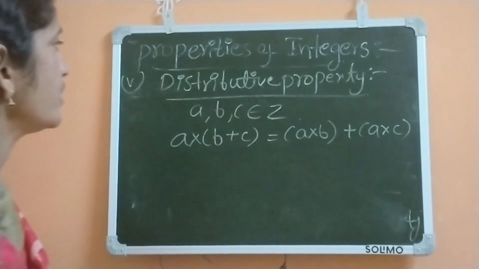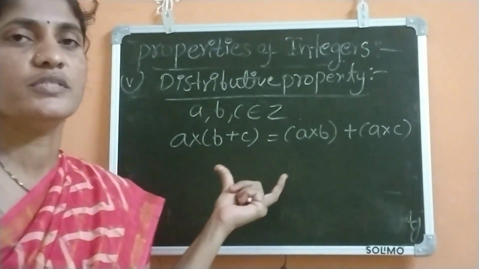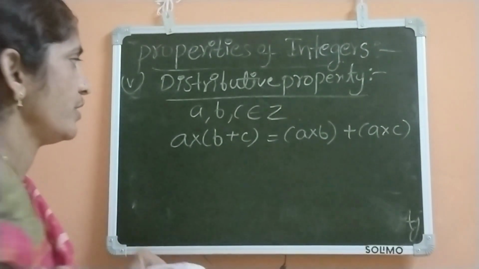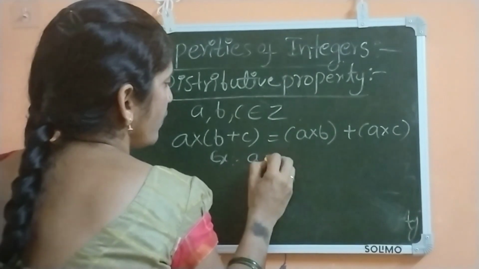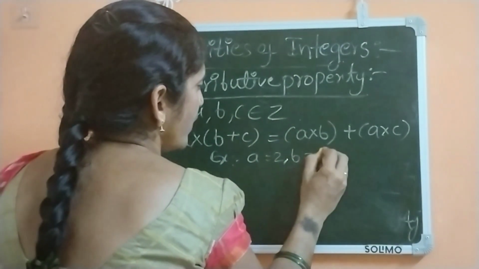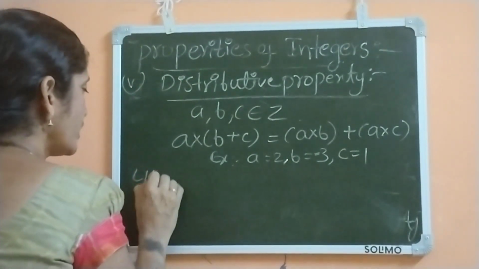This is the distributive property in the integer system or any number system. Whether it is possible in the integer system or not, we are going to check by taking an example: a equals 2, b equals minus 3, c equals 1.